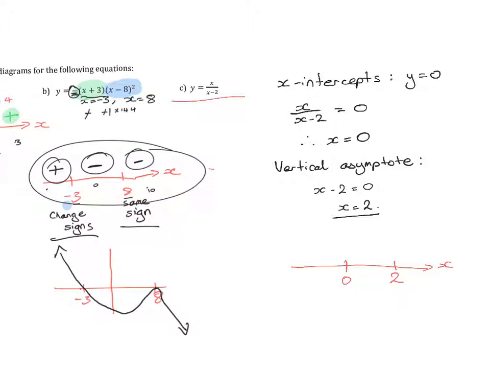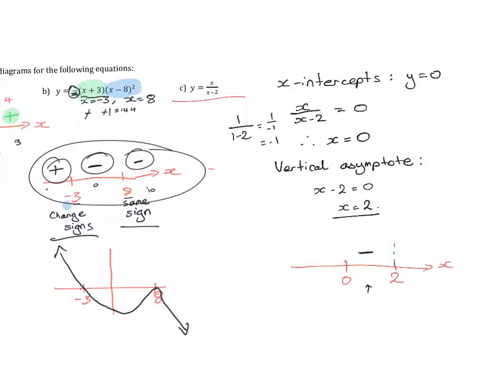And if you remember, I say put a little dashed line so you remember that 2 actually is not an x-intercept, it's an asymptote. Okay, so now we're going to check what sign the function is on either side of 0 and 2. So let's choose 1 for in between 0 and 2. So what do we get? 1 over 1 minus 2, which is 1 over negative 1, so we get a negative.